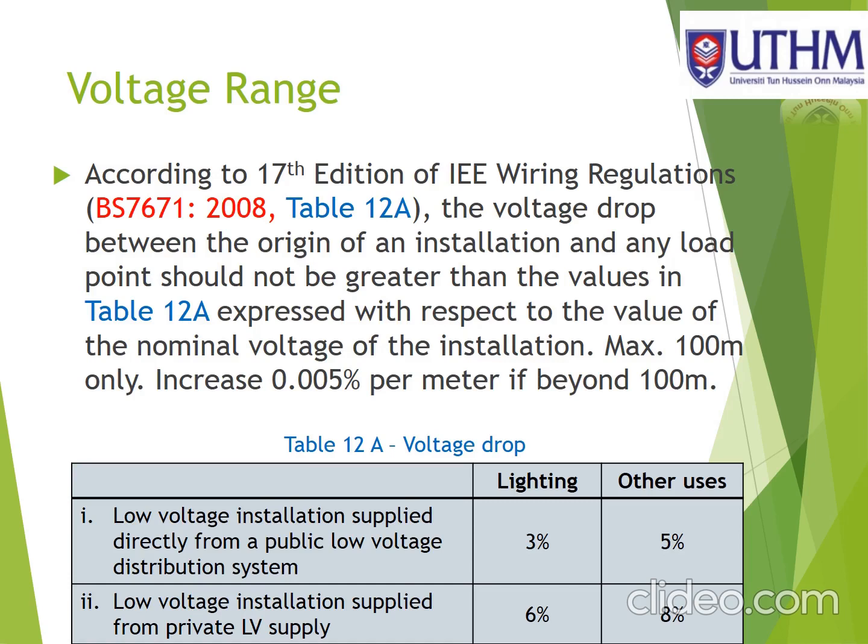The first one is for low voltage installation supplied from a public LV distribution system. For lighting it is 3%, and for other users only 5%. And then for low voltage installation supplied from a private LV supply, the range is not more than 6% for lighting, and for other users it is 8%.